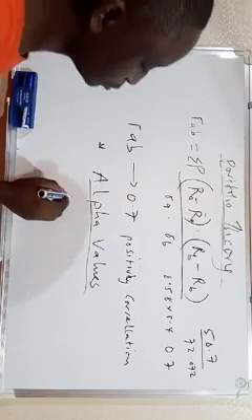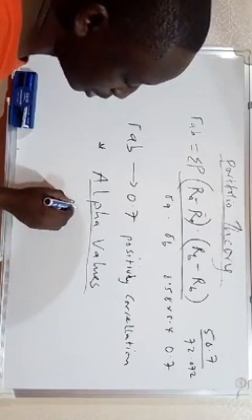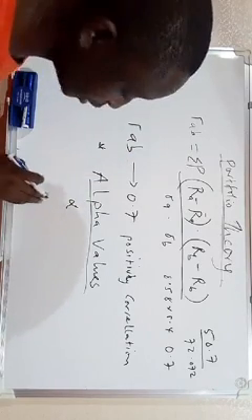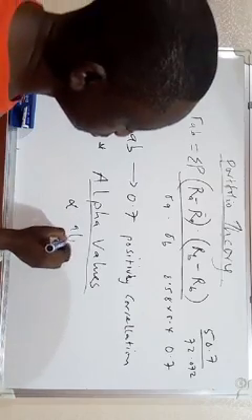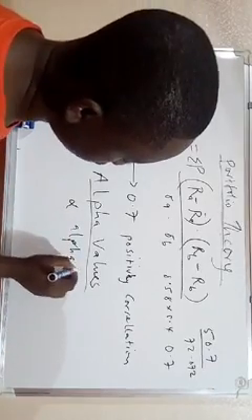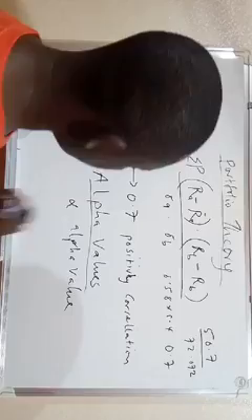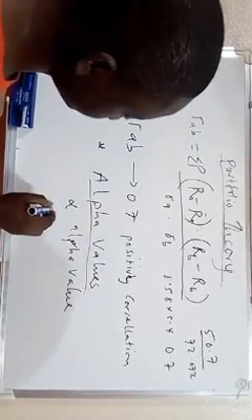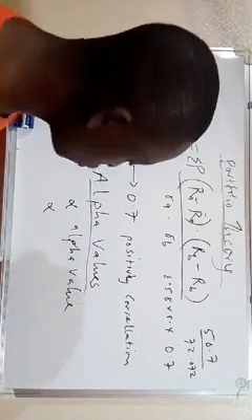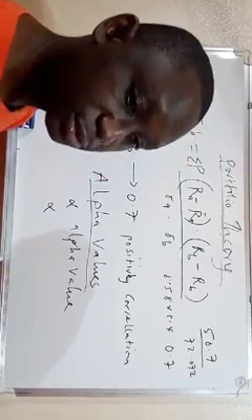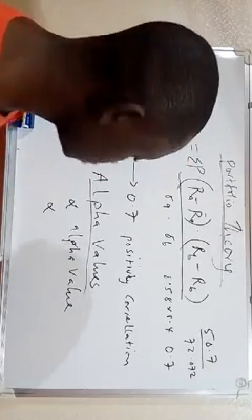The alpha value is depicted as this. This is the symbol for the alpha value. How do you know the security to hold? How do you know the security to buy? And how do you know the security to sell?